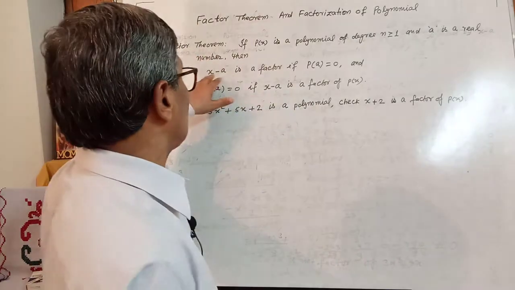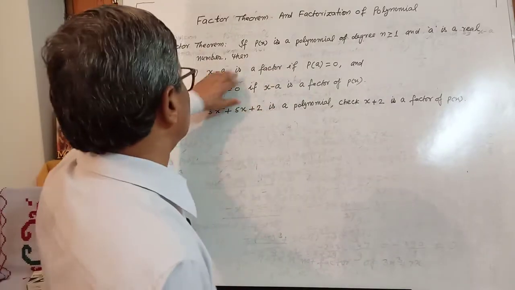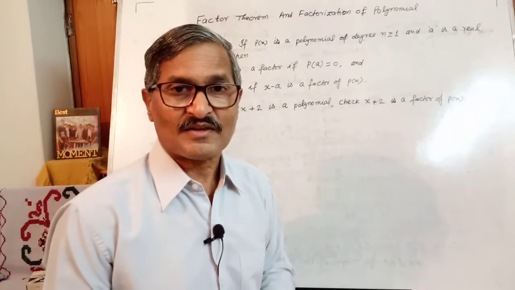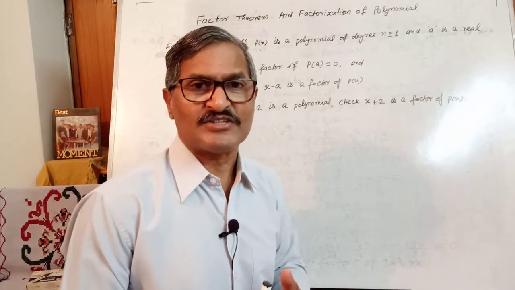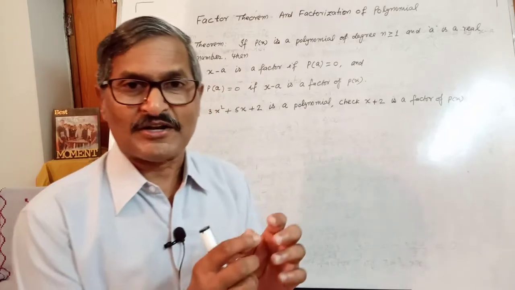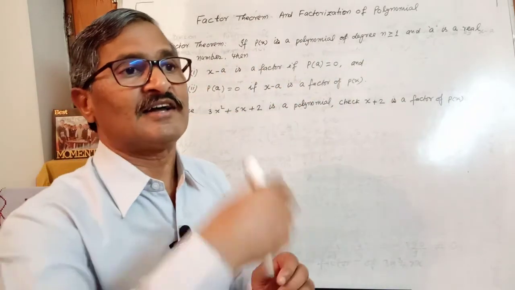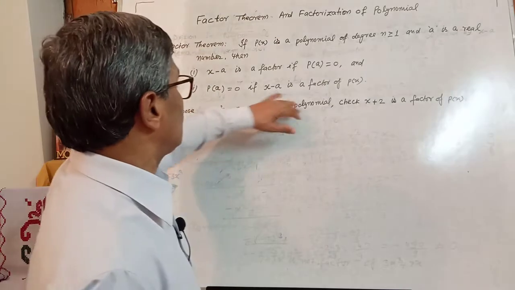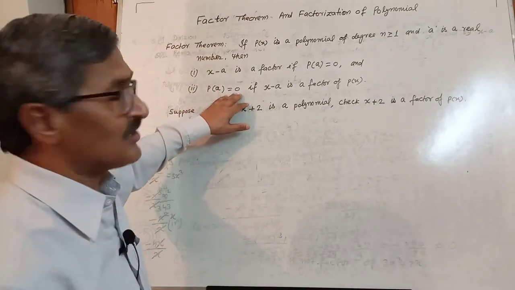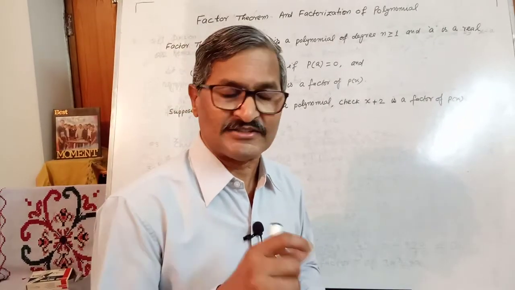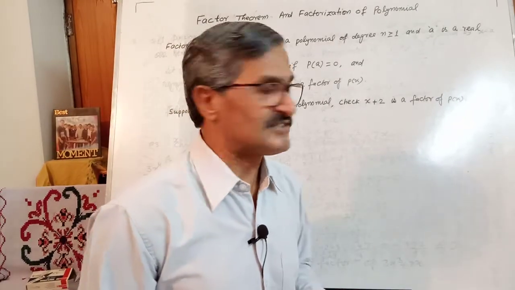One, directly we will find out whether some polynomial is a factor, and in the other type of question it is given that if a given linear polynomial is a factor of another polynomial, then what is the condition? The condition is p(a) is equal to 0. In that case some unknown constant will be there, so that will be calculated in the example.